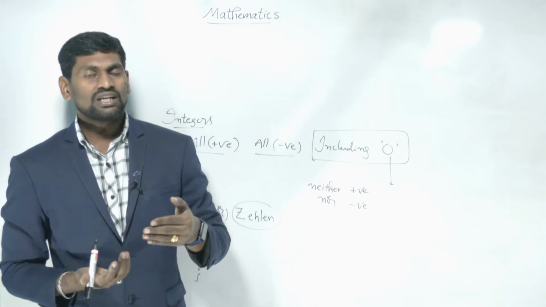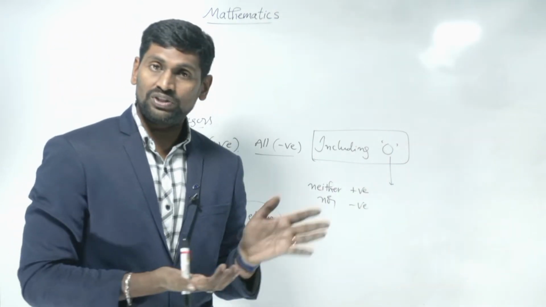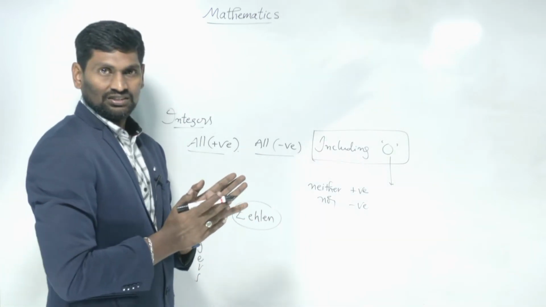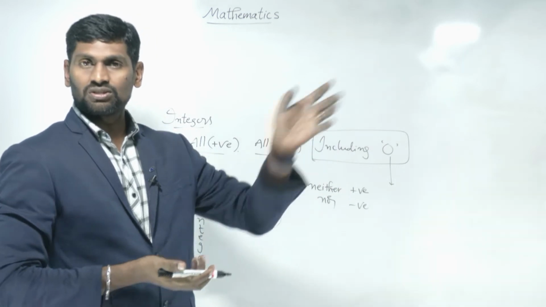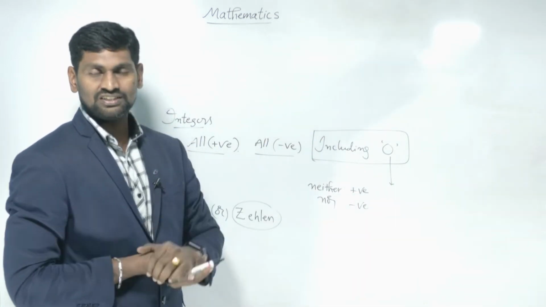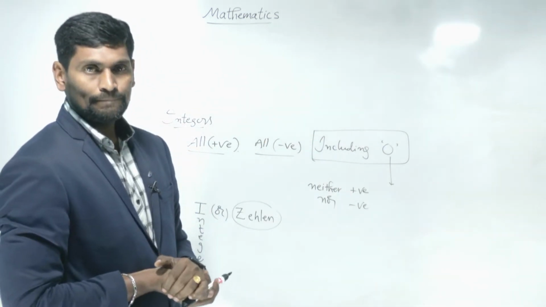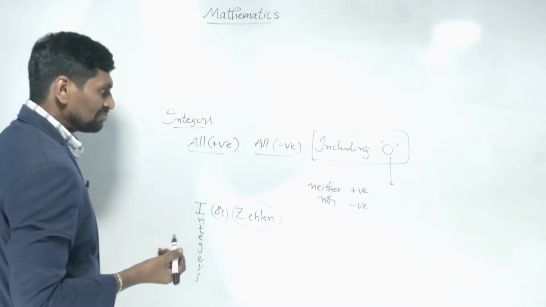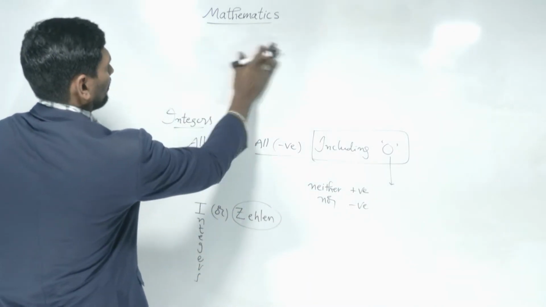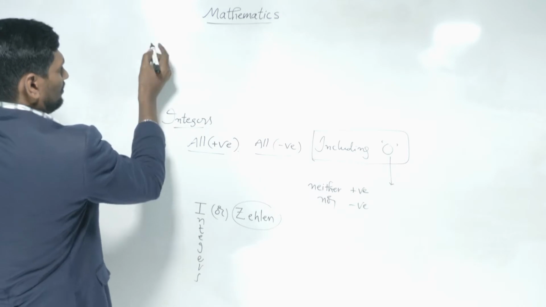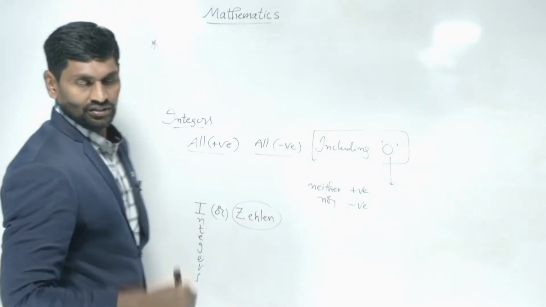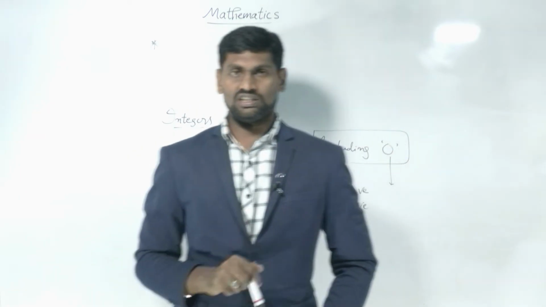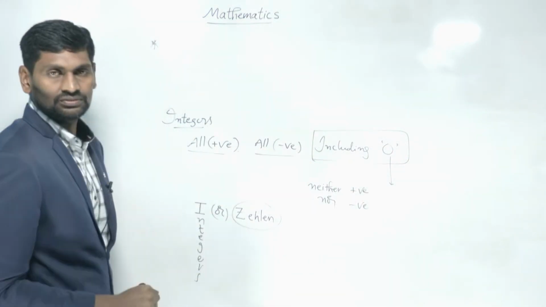So for representing temperature we use integers, because for representing negative numbers, positive numbers and 0, we use integers, right?